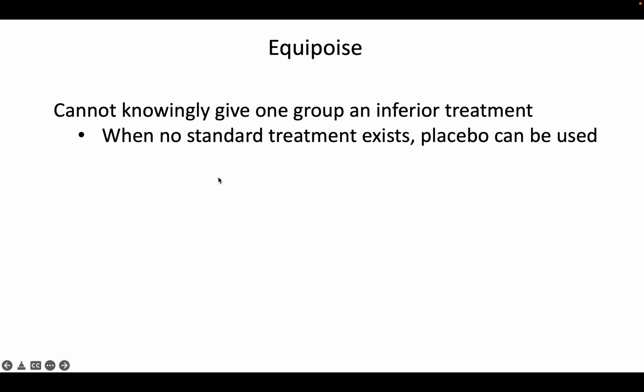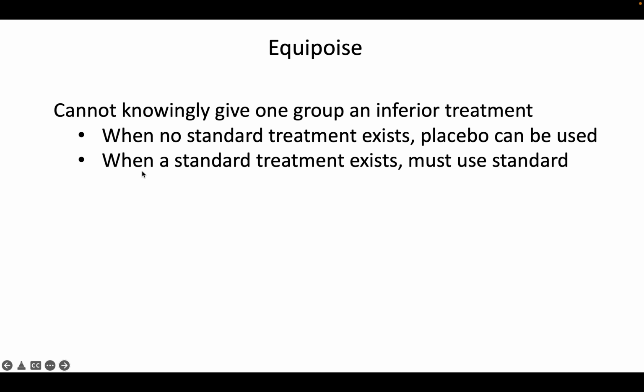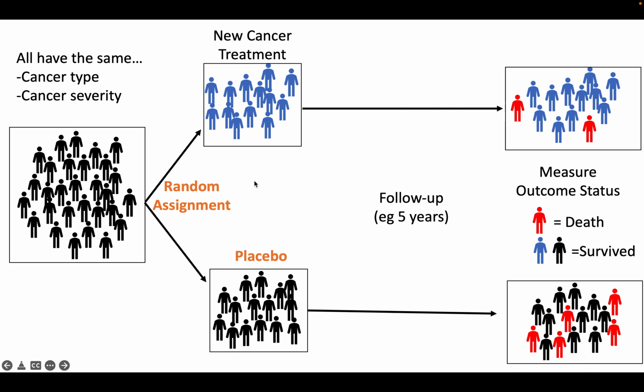So we're not knowingly giving anyone an inferior treatment, because there's no superior treatment. But when a standard accepted treatment exists and we're trying to see if a new one is better, we can't give them a placebo because we already know that no treatment is worse than whatever we're currently doing. So you're not able to use a placebo in our example here because there is a standard treatment. Willingly not giving these people with cancer any treatment is not acceptable, so you have to give them the standard treatment.